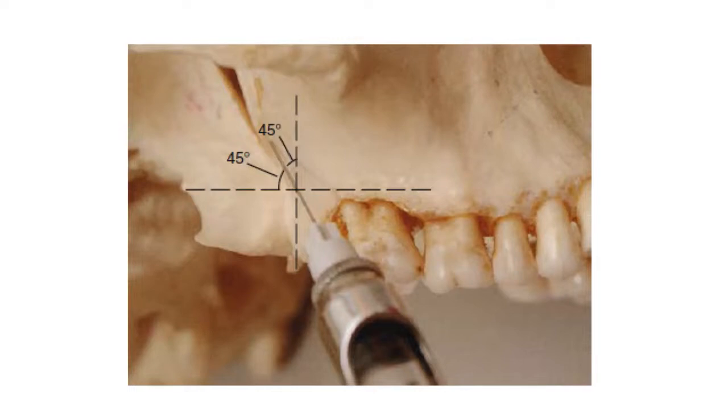In this photograph, we are depicting the final position of the needle while proceeding with the posterior superior alveolar nerve block, where we can very well appreciate that the direction of the needle is supposed to be upward, inward, and backward so that it reaches the nearest point of the foramina where we can deposit the solution.